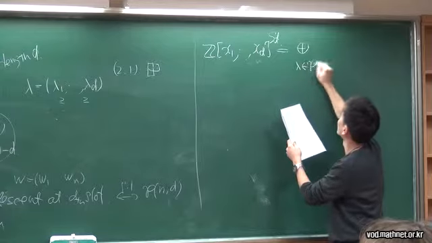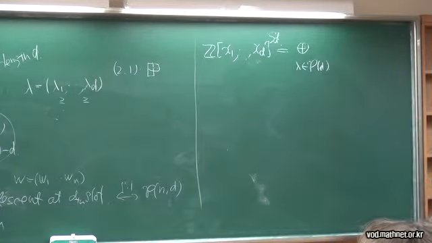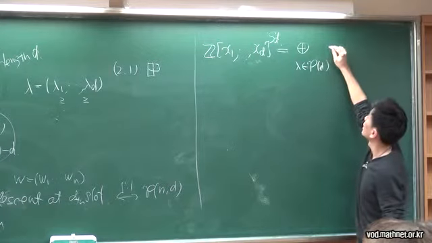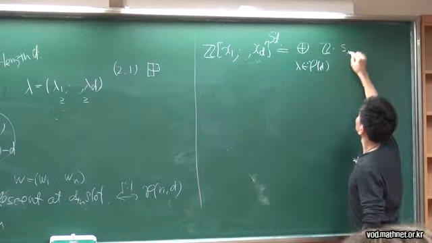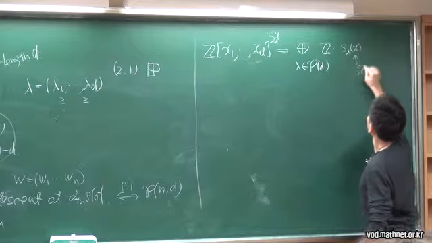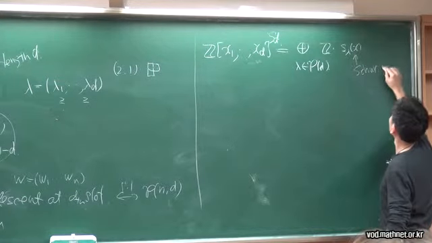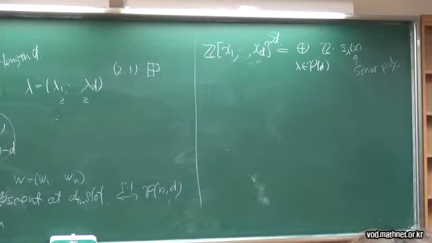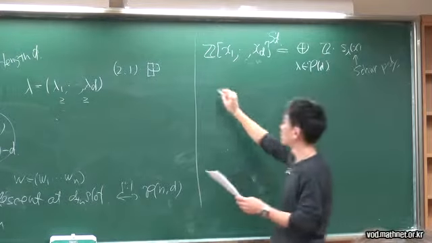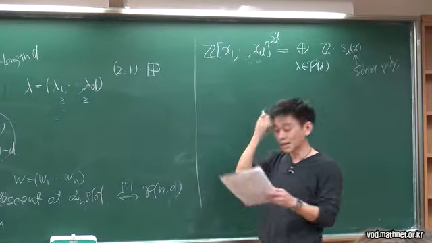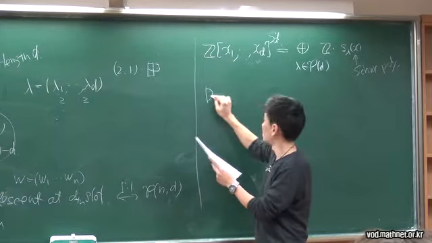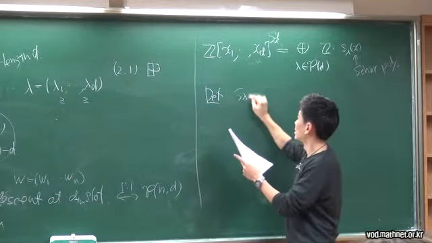It's indexed by partitions without a bound on the number of boxes, and these are the so-called Schur polynomials.